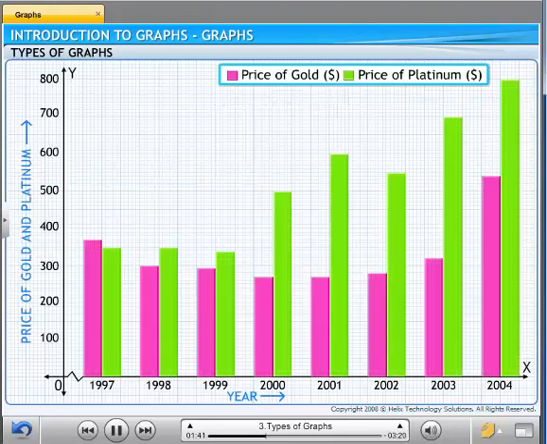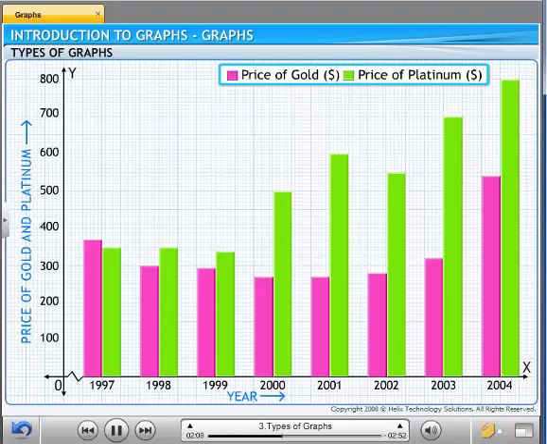The bar graph is also useful for comparing values between groups of items, such as the price of gold and the price of platinum over the years. In the graph on the screen, each year has two bars, one representing the price of gold and the other representing the price of platinum.